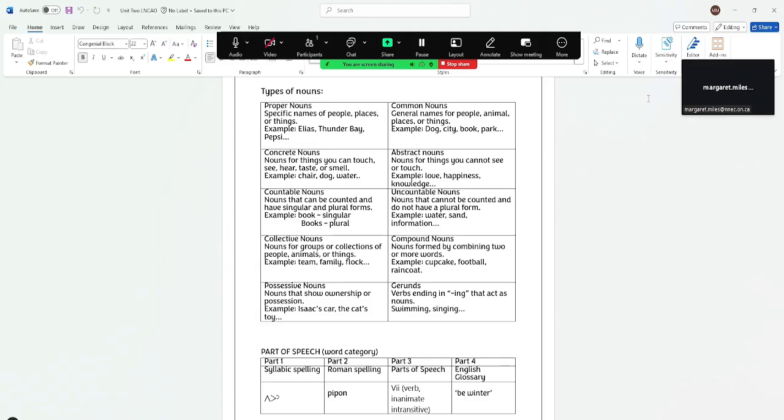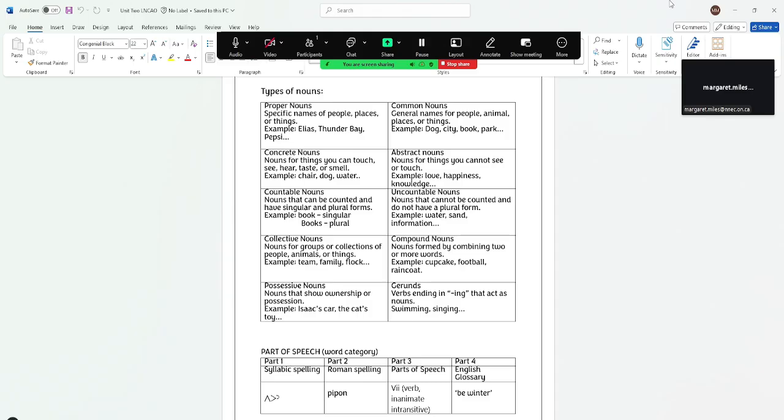Collective nouns. Nouns for groups or collections of people, animals, or things. For example, a team, family, or flock. Compound nouns. Nouns formed by combining two or more words. For example, cupcake, football, raincoat.